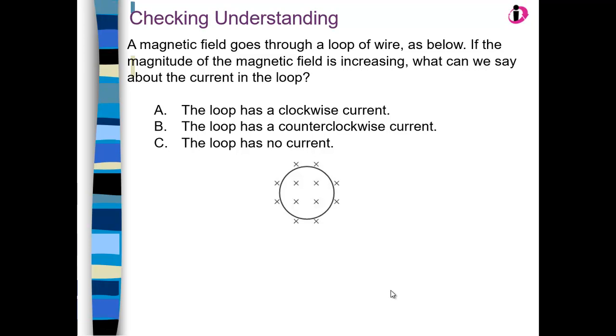So we use our right-hand rule, and if it's moving out towards us, we just wrap around and have our fingers moving out towards us in the coil, then that means that the current is going to be moving counterclockwise. So B is the correct answer.